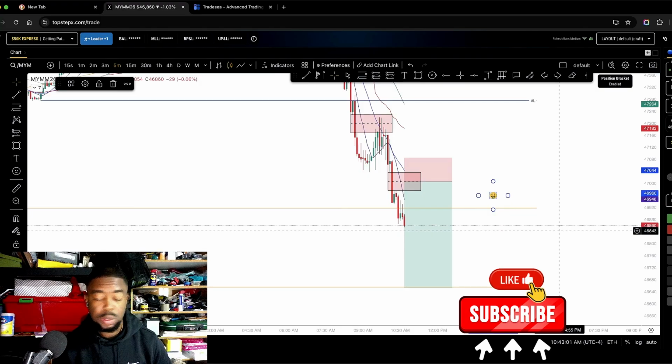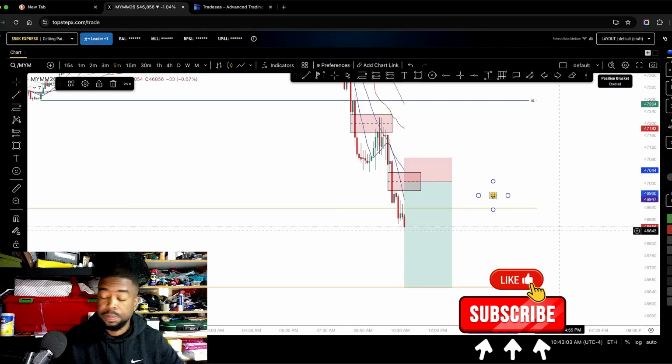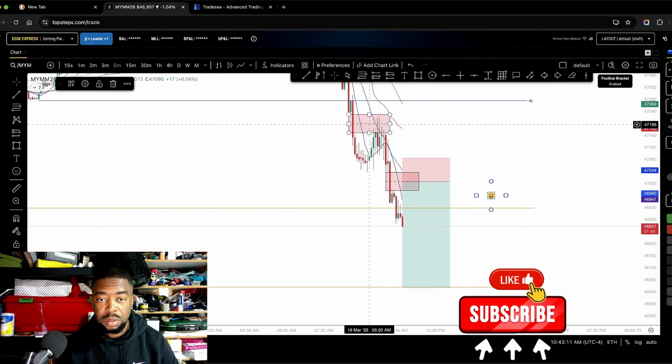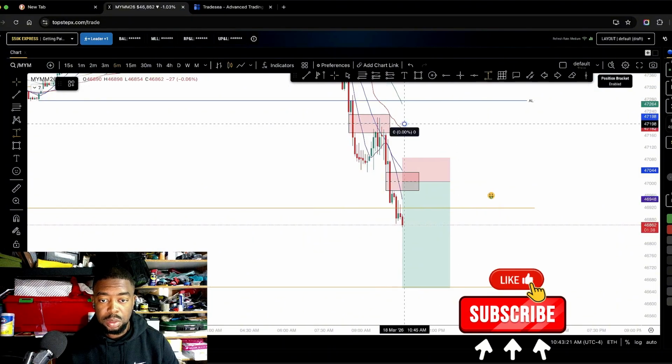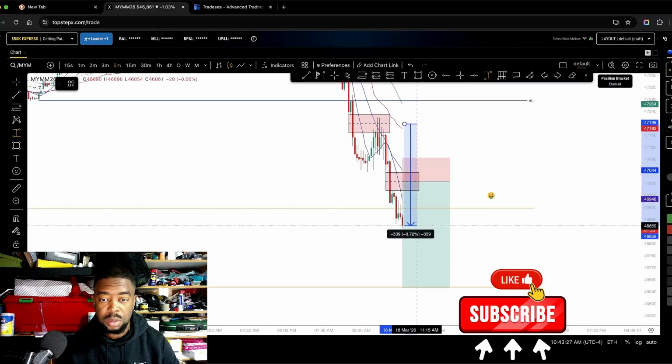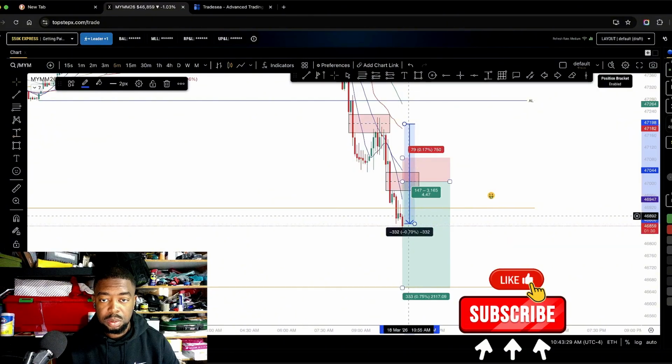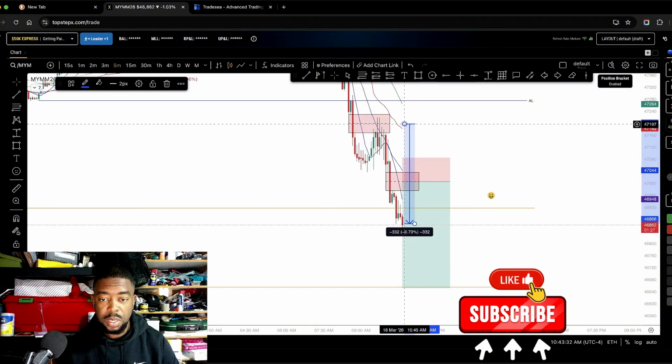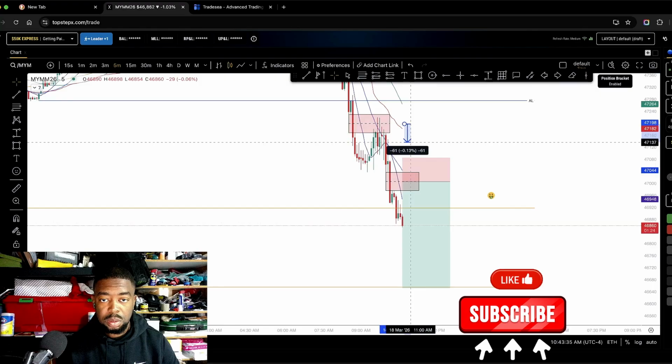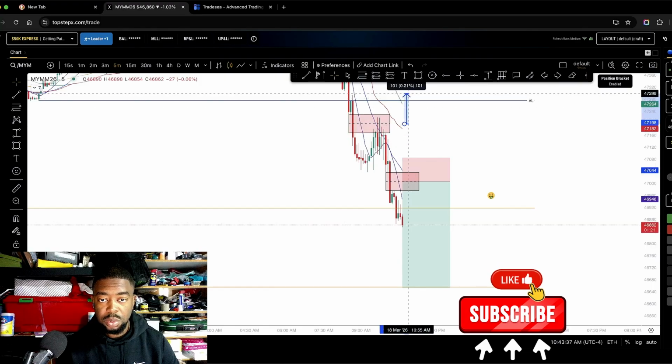This baby is pushing. I hate when that happens. Could you imagine getting in right here? This was a beautiful entry. Beautiful, beautiful. That would have been 330 points from that entry with 100-point risk.